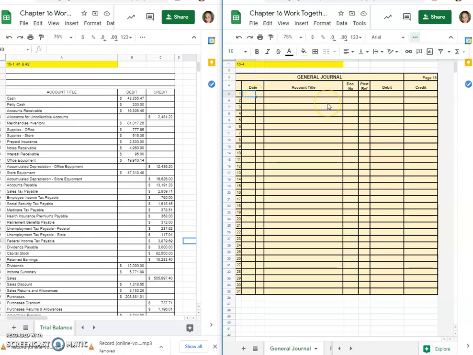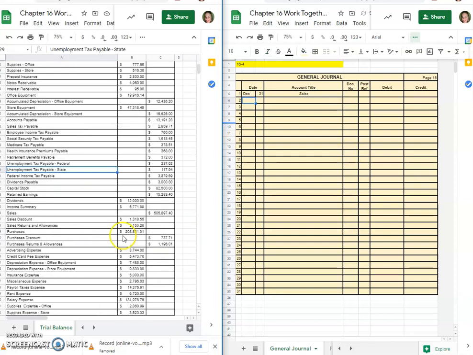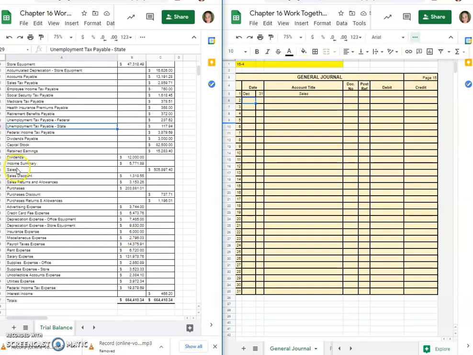First thing we'll do is put the date in, December 31st, and our first closing entry to close our income statement accounts with credit balances, which is your sales. Let's just look through here. Income statement accounts basically start here.